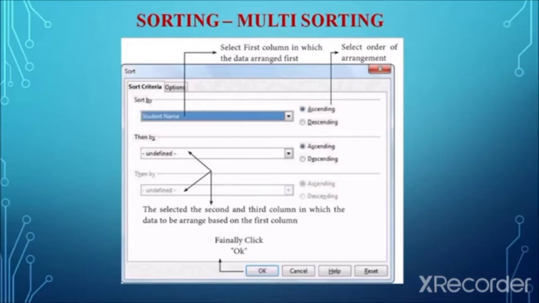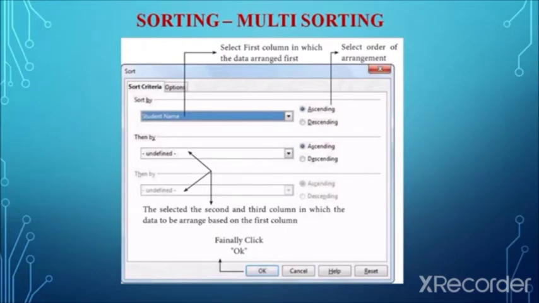Again on the right side you can see either ascending or descending. And the second option, the Then by option, is the second column. We can define whichever we need. Here we are going to use the group code for second sorting. Again we select the group code, and on the right-hand side we can select either ascending or descending.